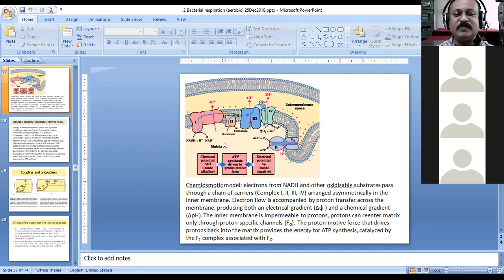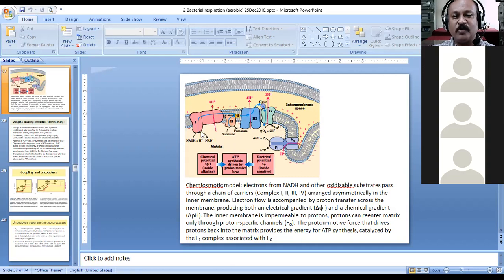So that is the meaning of this word asymmetrically arranged. And we are going to learn more about this asymmetric arrangement of membrane proteins when we study the next unit on membrane biology, so I'm not going to talk more about that.